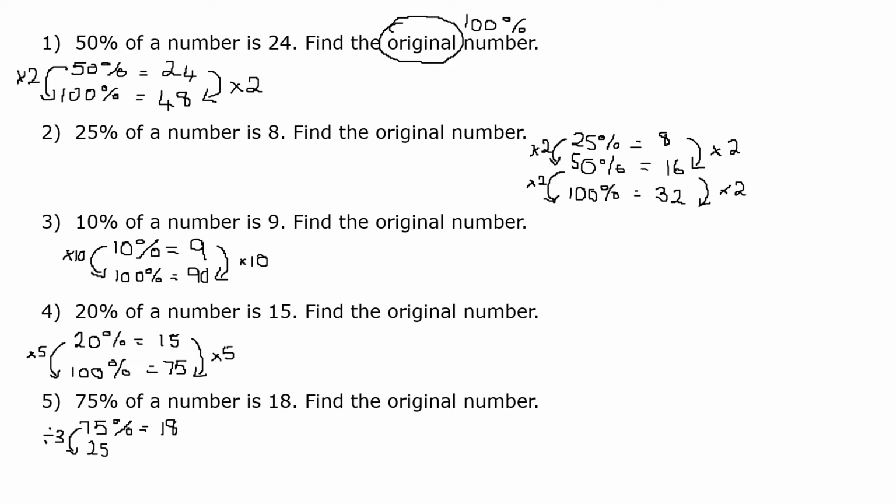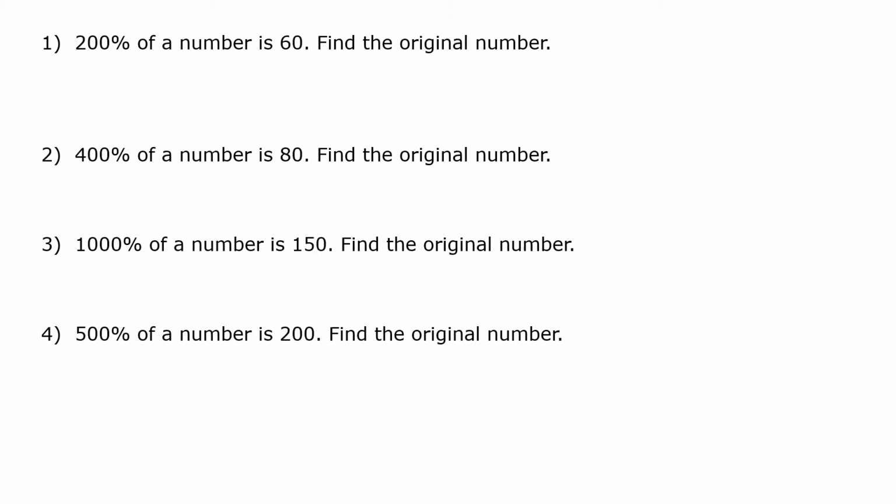So I'm going to divide both sides by 3. So 18 divided by 3 is 6. And then I can quite easily scale up to 100%. So if I multiply both sides by 4, I will get 100% on this side. And 6 times 4 is 24. So my original number is 24.